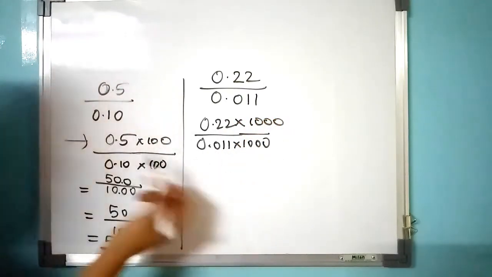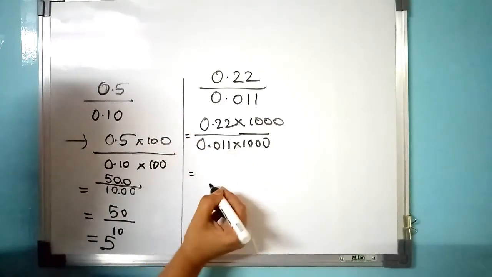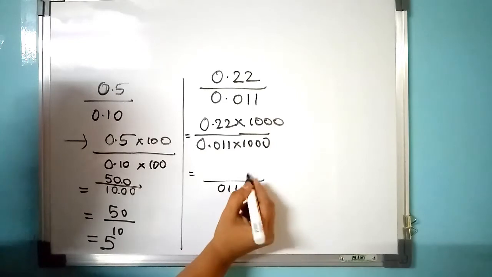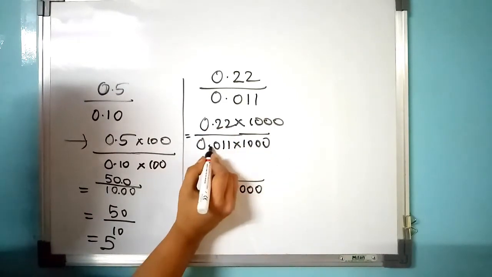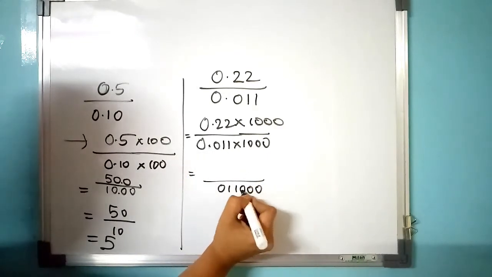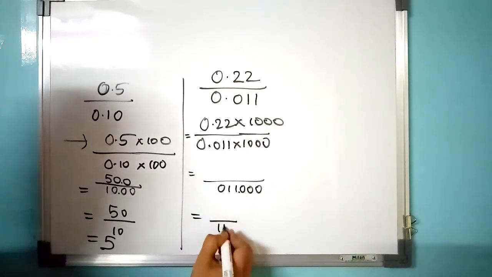As I said in previous videos on how to place the decimal, you can see that. Here we will write 0 1 1 and after that 3 zeros. After the decimal, 3 places, so from right to left 1 2 3, here will come 11.